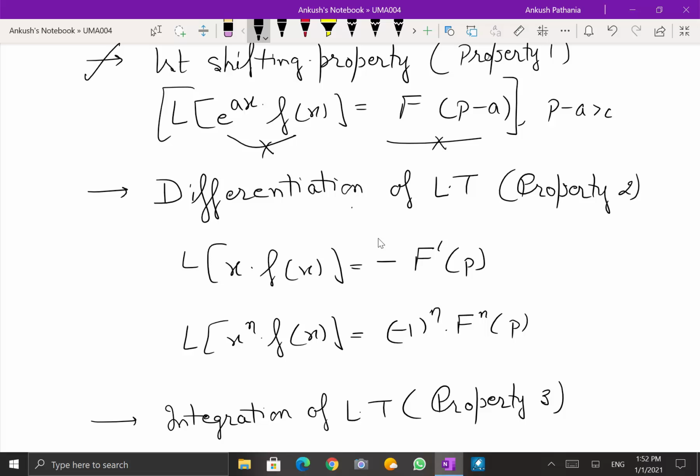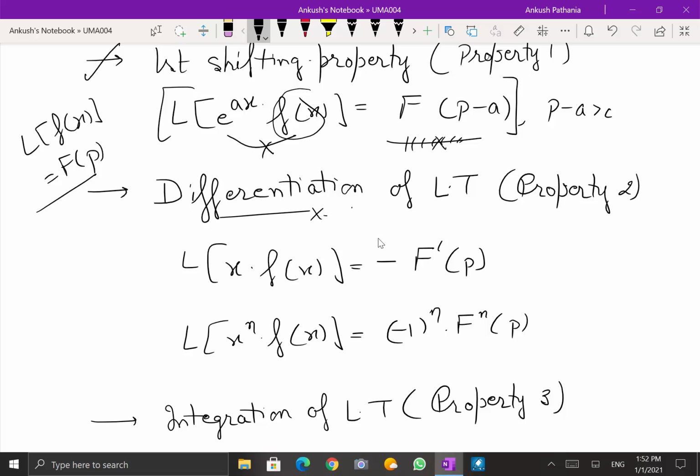You just need to find the Laplace of f(x), which you usually get equal to F(p), and whatever F(p) is, you replace p by p minus a. So this is how the first shifting property works.